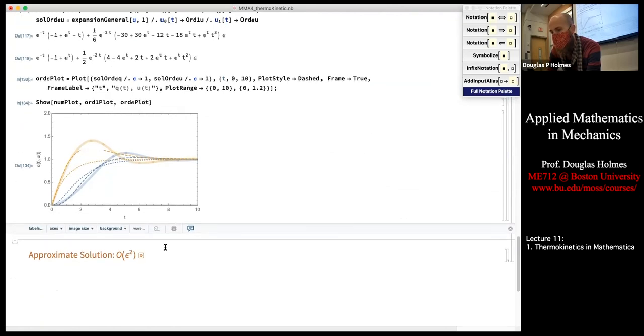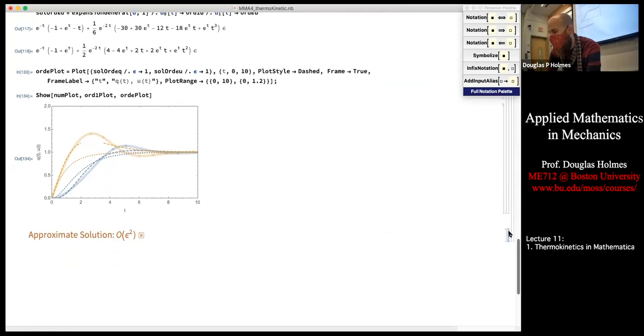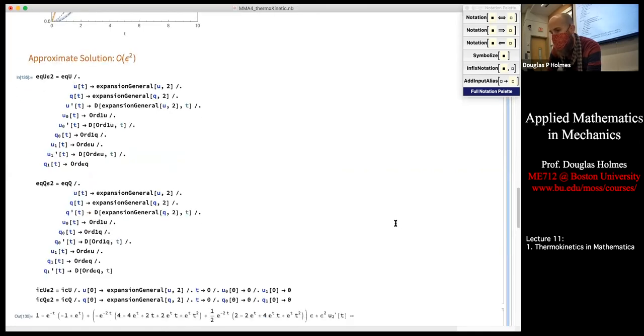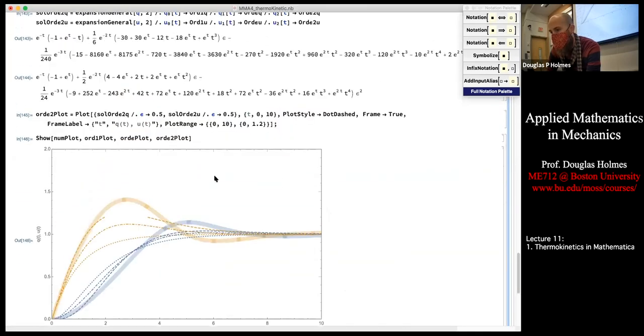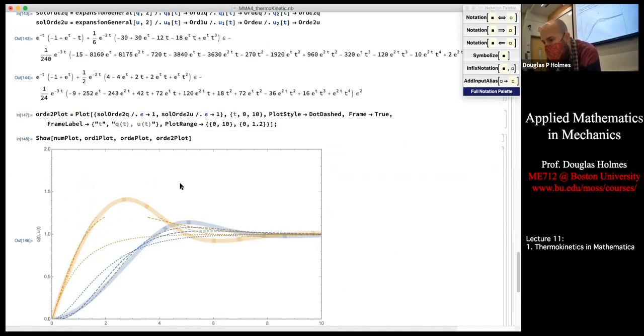Why did that disappear? I have no idea. It's not great. I can come down here and I can tell it to plot for order epsilon. Why did my plot go away? I don't know what happened to my plot. Maybe I could not show this thing.